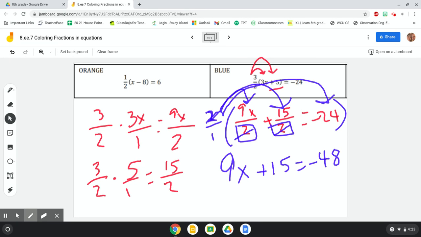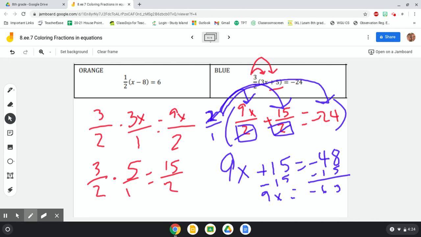Well, now I have all integers, and I can go ahead and solve. So I don't have to combine like terms, and I don't have distributive property. So I can go in the inverse order of PEMDAS. So subtract 15, subtract 15. That's going to give me what? -63 equals 9x.